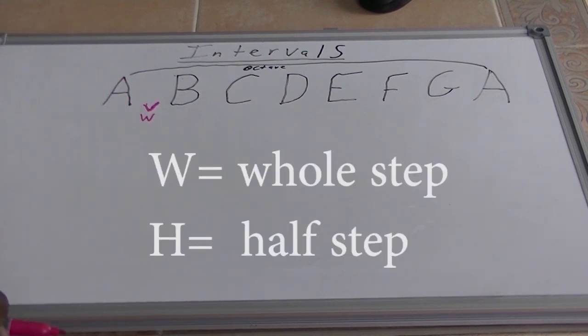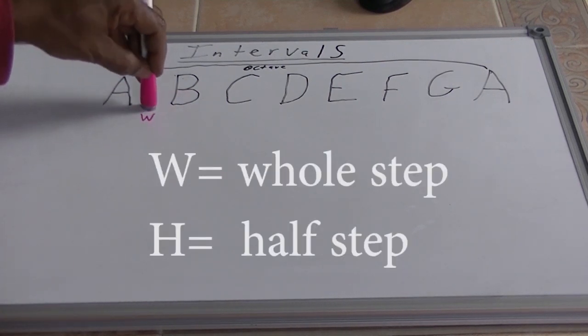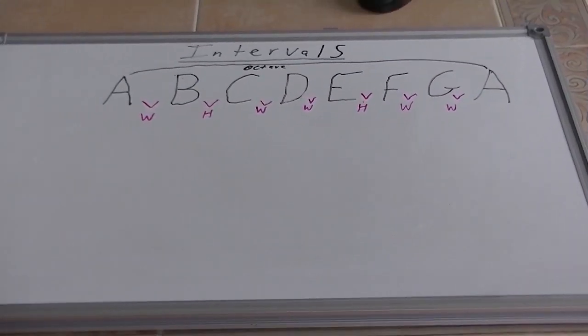And I'm just going to indicate that with a W. The first thing I've noticed is that there are a whole lot more W's than H's. So there appear to be more whole steps here than half steps.